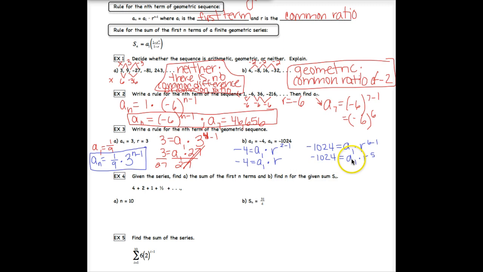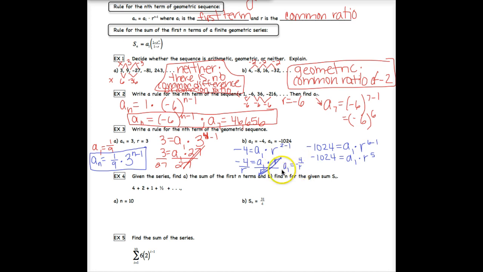Because they both have an a sub 1 that is plain, meaning it doesn't have another exponent on it, I can solve for a sub 1 in this first equation. So that would be very simple to do. If I want to get a sub 1 alone, I would divide both sides by r. These would cancel, and so a sub 1 equals negative 4 over r.